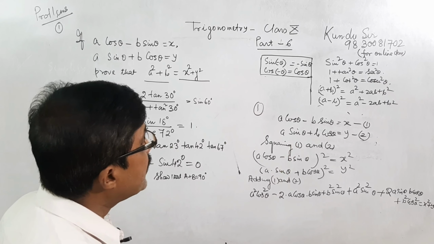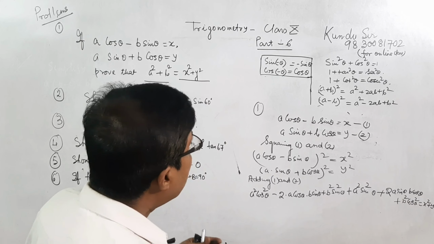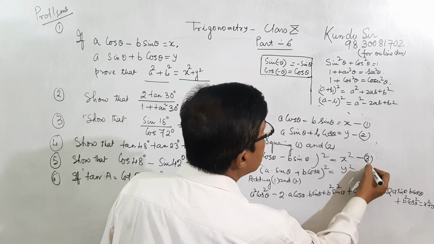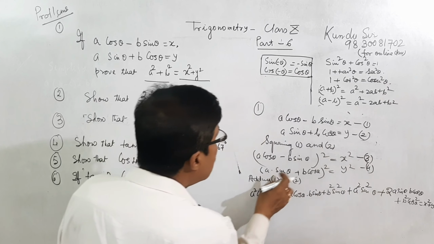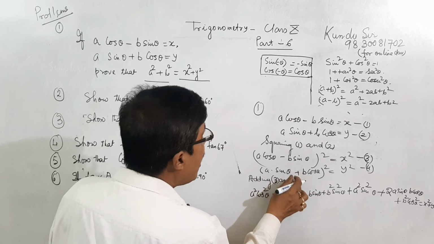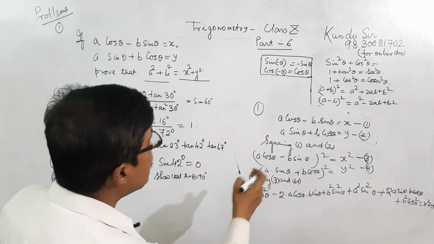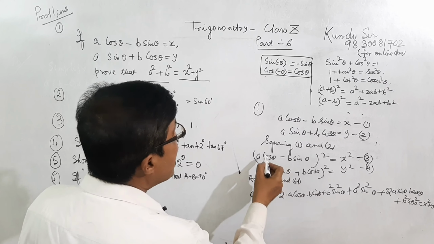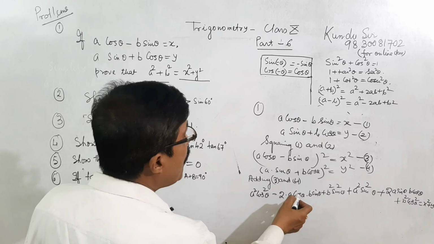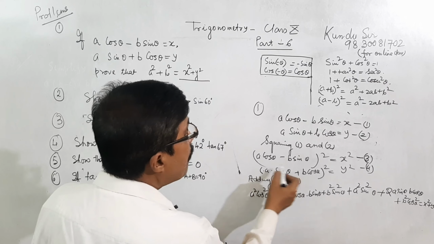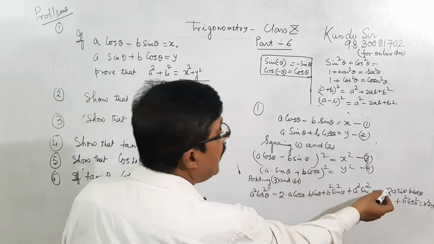I wrongly mentioned here, it is 3 and it is 4. We are adding 3 and 4, that means a square minus 2ab plus b square plus a square plus 2ab plus b square equal to x square plus y square.